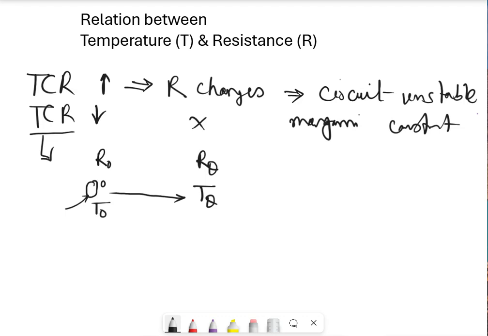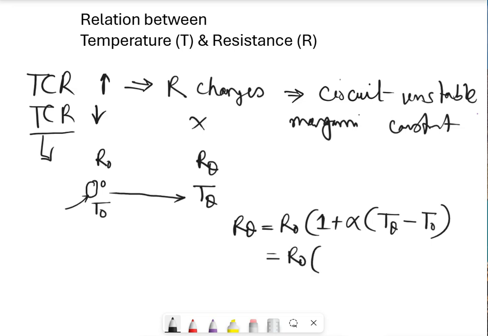So the empirical equation of TCR will be R theta equals R naught into 1 plus alpha into the change of temperature. The temperature change is T theta minus T naught, so we could write R naught into 1 plus alpha del T, right?